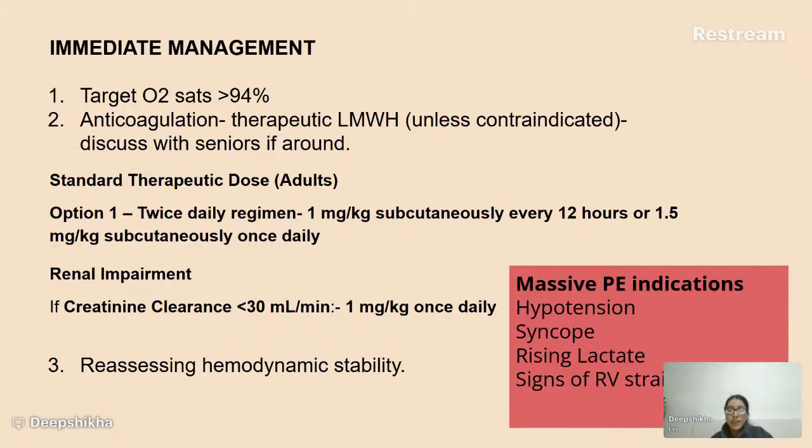And just continue to reassess their hemodynamic stability. A big red flag for a PE that requires immediate escalation is if they're becoming hypotensive. So essentially a massive PE that is causing right heart strain, obstructing blood flow from the right ventricle up to the pulmonary vessels, and causing backflow, leading to peripheral edema, elevated JVP, and signs of right ventricular strain.